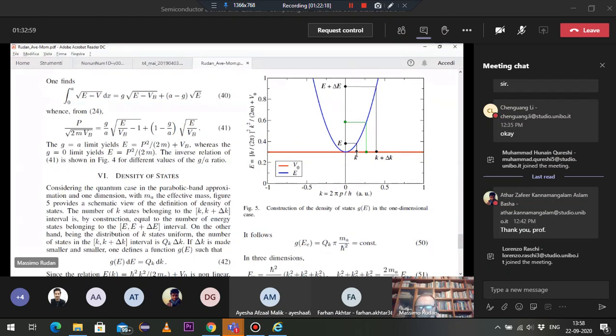Now, the initial value of the interval K corresponds to some energy that we call E. The final value of the interval K plus delta K corresponds to a final value of energy that we call E plus delta E, okay? So obviously, an interval of K defines an interval of energy.